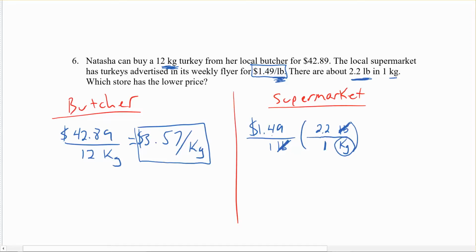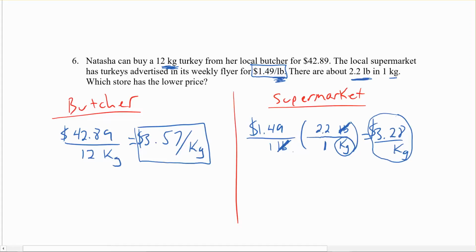Let's put that in. It ends up being $3.28 per kilogram, right? Because it was over 1 kilogram. We'll practice this a bit more, but that's the basic idea of changing units.